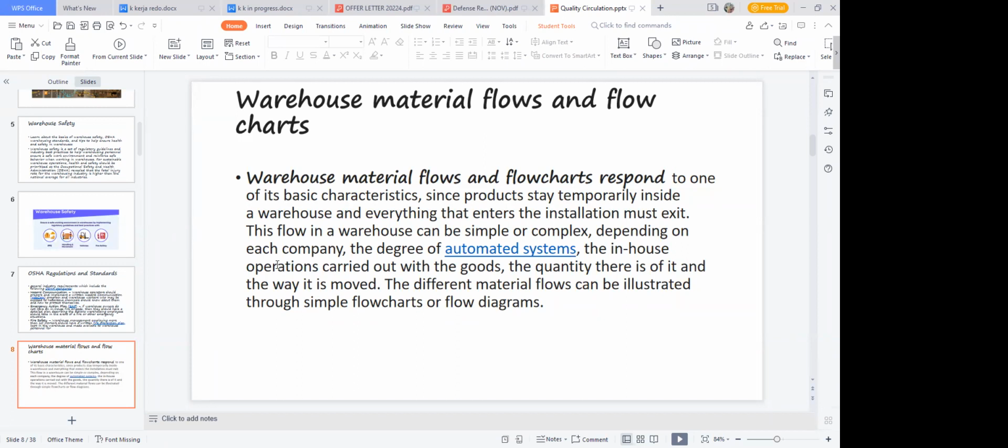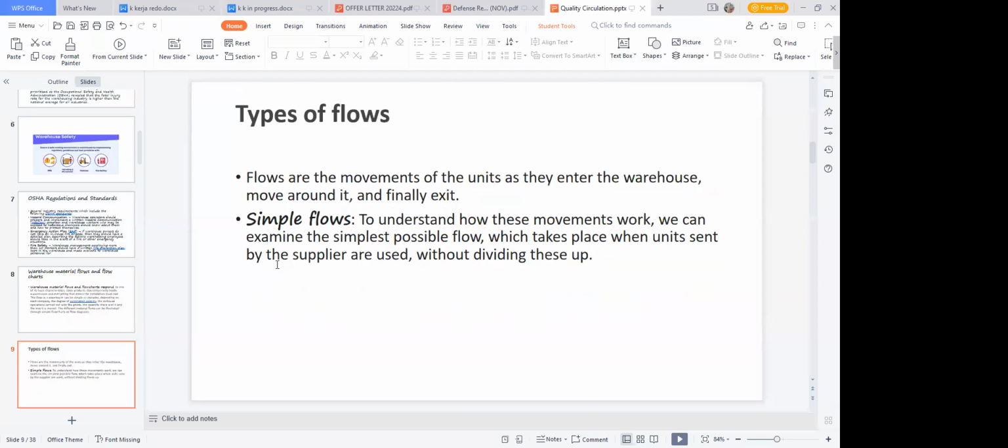That is important. So that is about the material flow. We talk about the flow. It can be a simple flow. To understand how this movement works, we can examine the simplest possible flow.